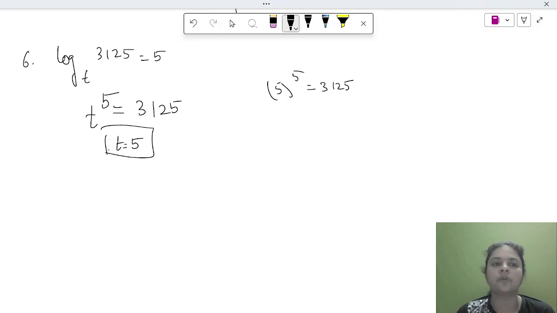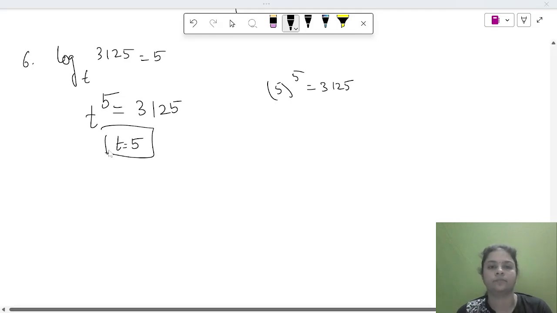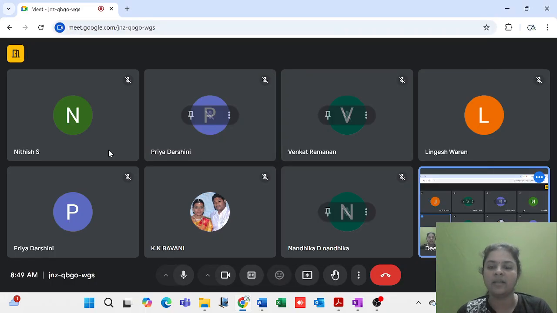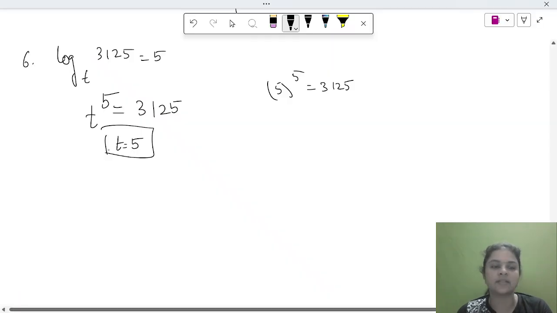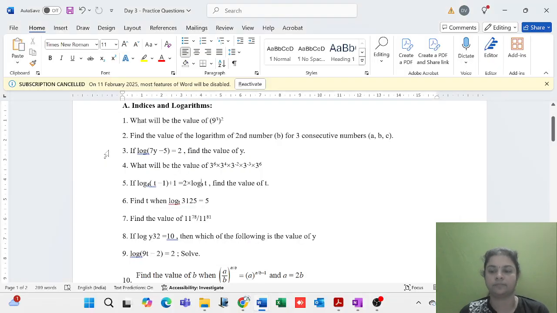Are you able to follow, friends? Yes or no? Please give me an answer. Yes, ma'am. Okay. Next, go ahead, do the 7th one. 11 power 78 divided by 11 power 81. In indices, when two bases are to be divided, the powers will be subtracted.